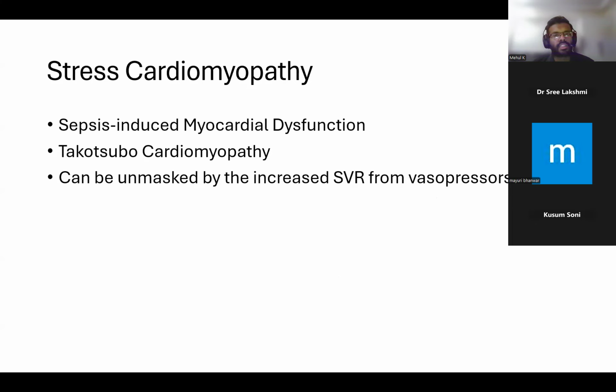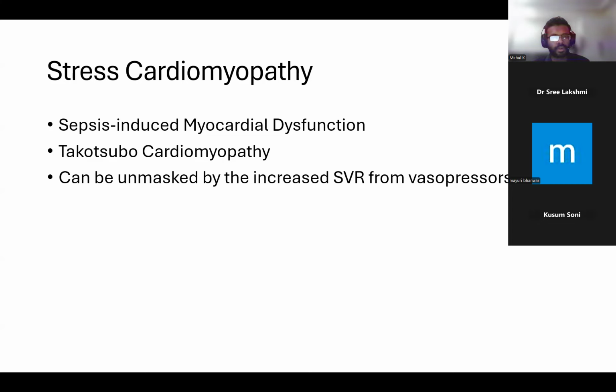The heart looks good initially when you evaluate, but once you start the patients on vasopressors, we see that the EF starts to decrease. With your increased SVR from vasopressors, the heart suddenly doesn't work the same way, because you are increasing afterload, and the heart doesn't really like that.